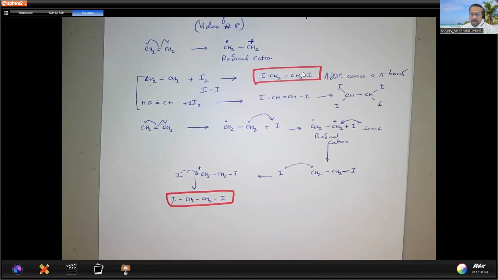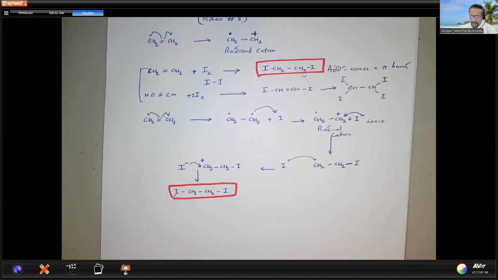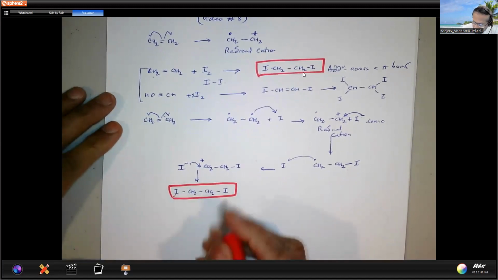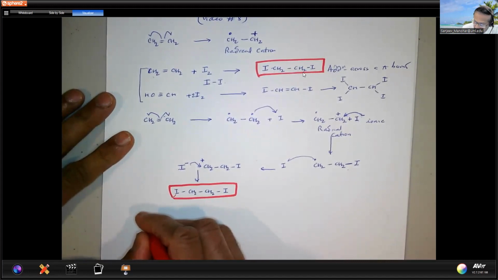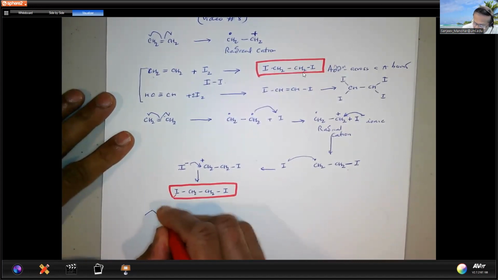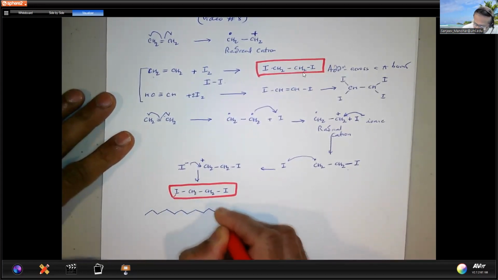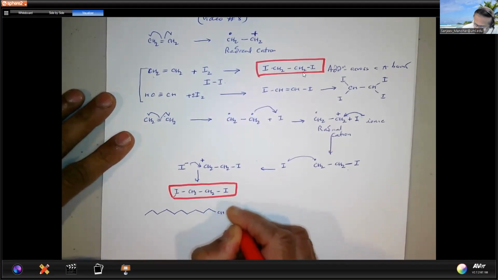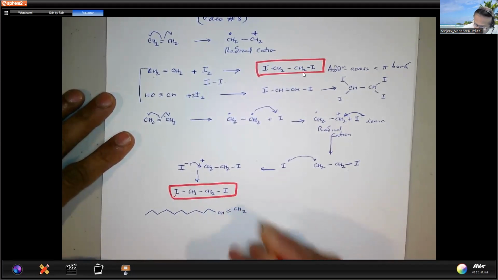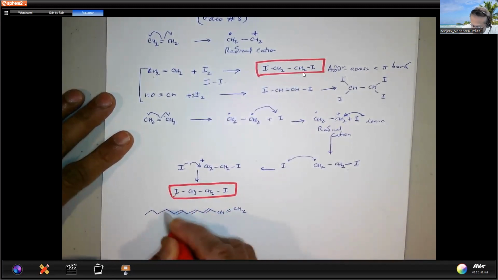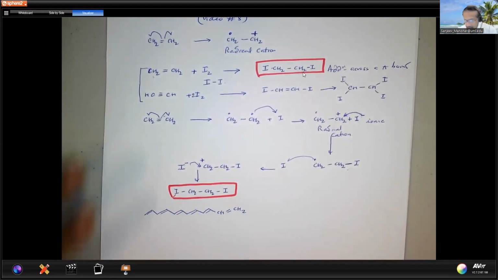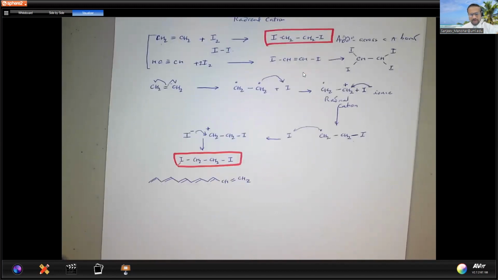Radical cations react. So suppose you had multiple double bonds, right? Suppose you had something like this. This is all double bonds, okay? I'm not drawing the H's.